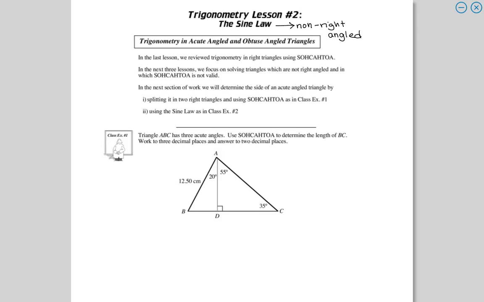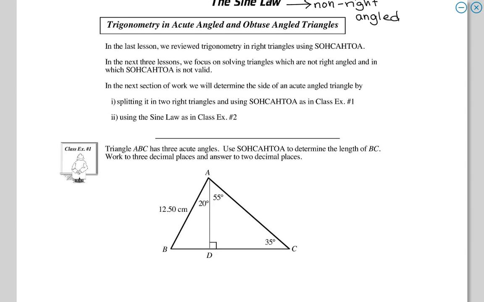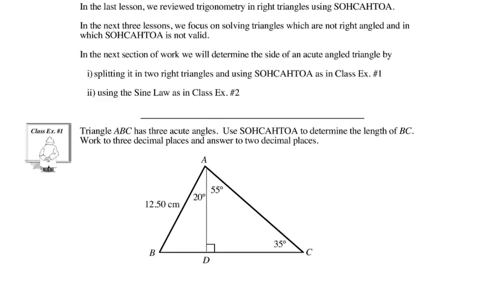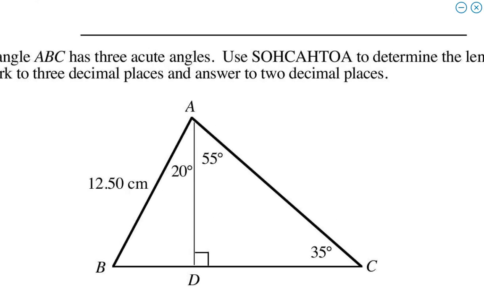So the first class example is a review of SOHCAHTOA. So what they're going to show here is that if you look at this triangle, triangle ABC is not right angled. Do you agree?